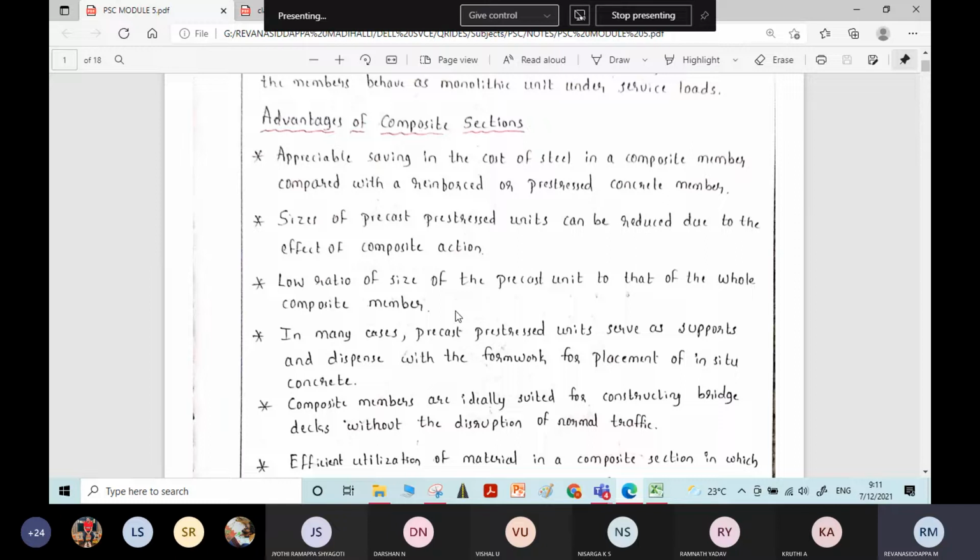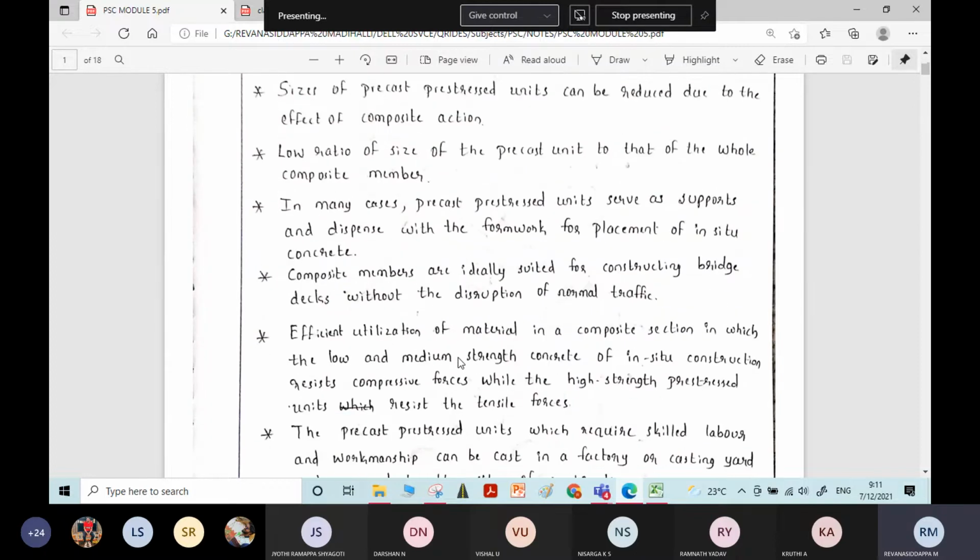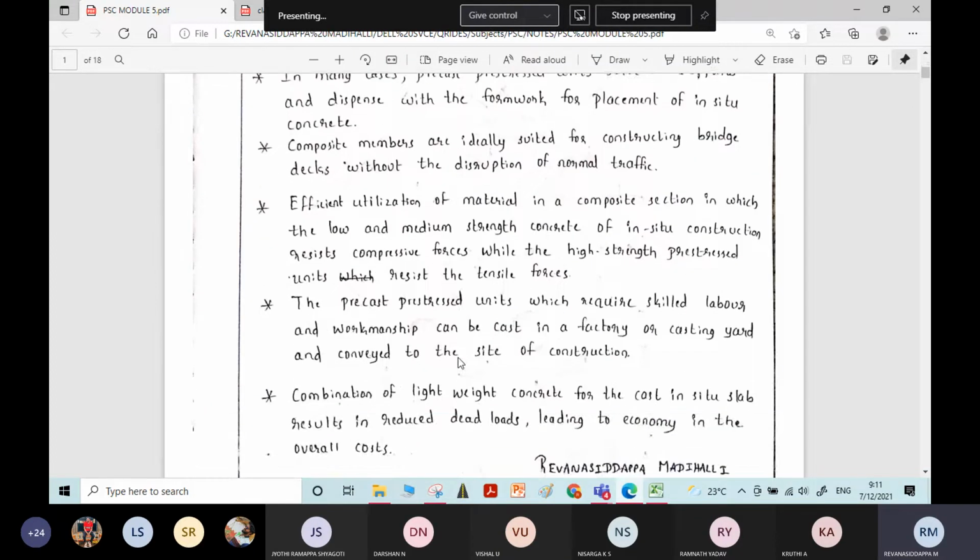Whatever tensile stresses are induced will be taken care of by the PSC element, which is made of high grade concrete. In that way, effective utilization of the material takes place, and obviously there will be a saving in the cost of construction.